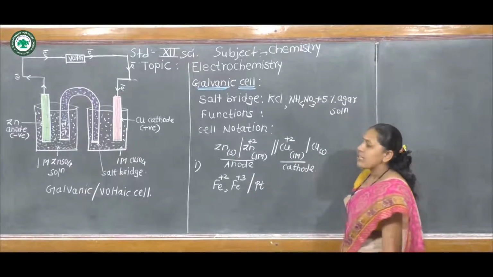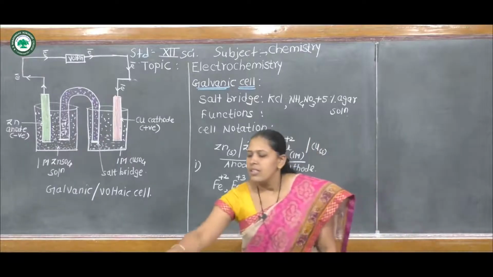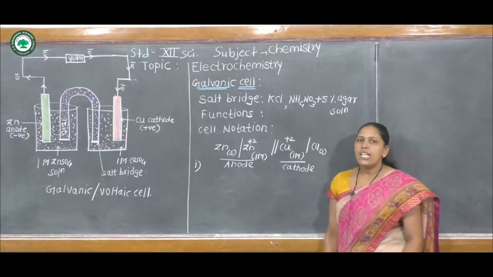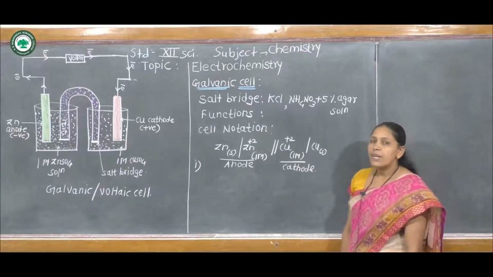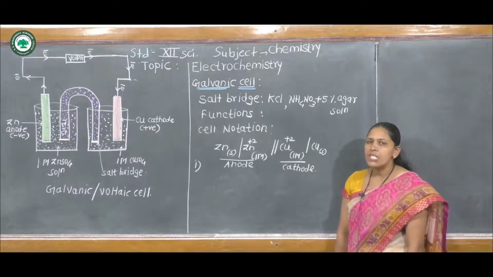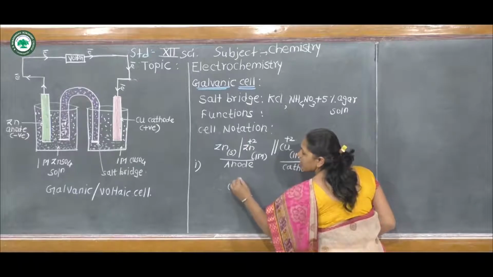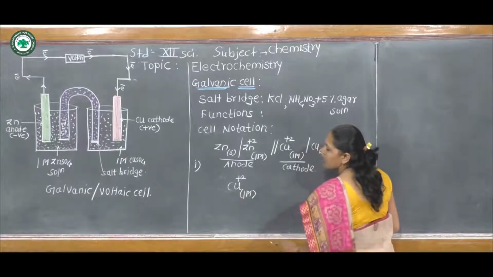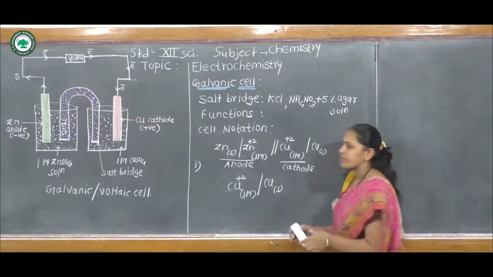Then the next rule is, if the electrode acts as a cathode, then the sequence of writing is aqueous first and then the solid electrode. For example, Cu2+ ions having 1 molar concentration, single vertical line, copper solid.